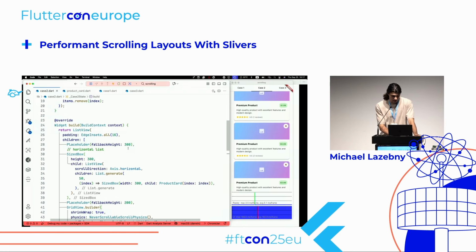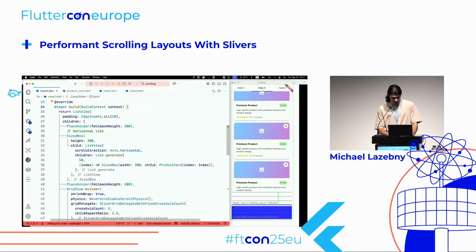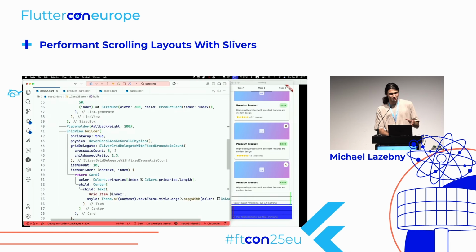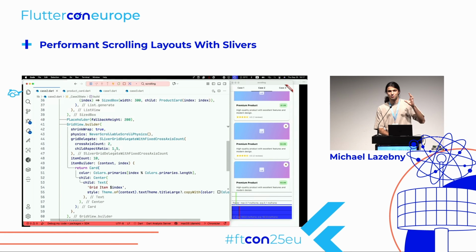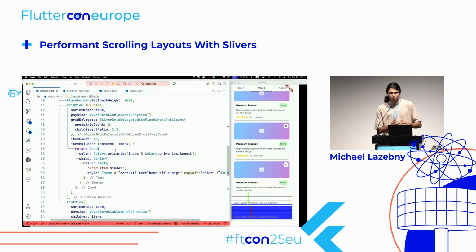So I would like to use this custom scroll view instead of this list view. Let's do that. And actually, before that, remember when I was talking about the viewports, that it is illogical to have multiple viewports along the main axis, like with the same axis.